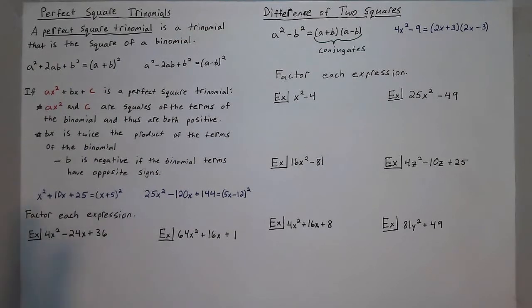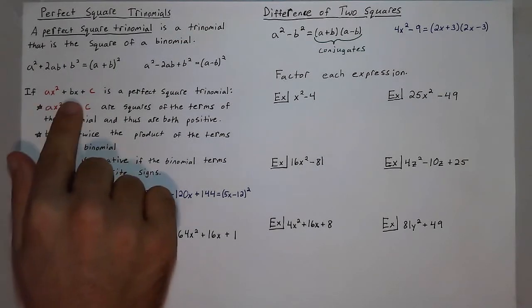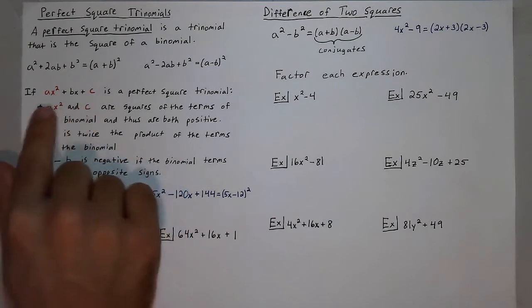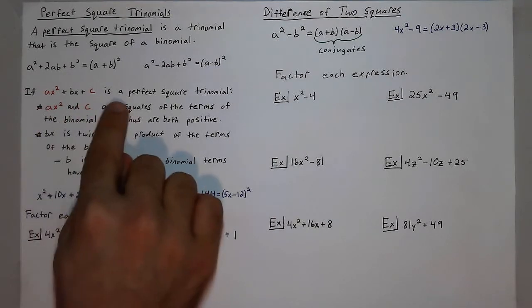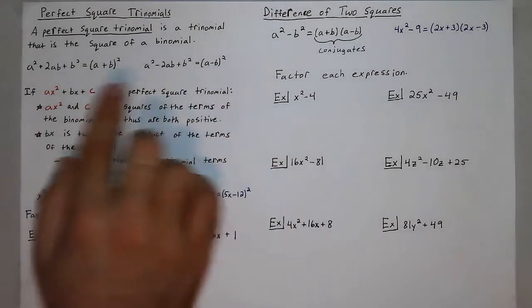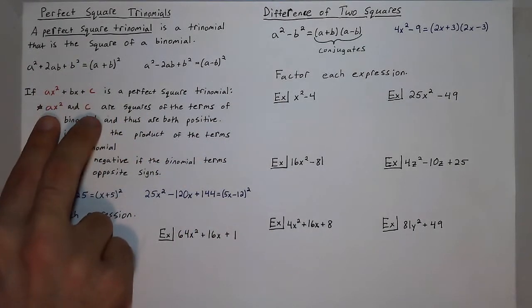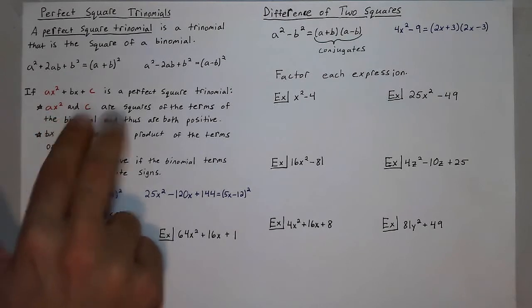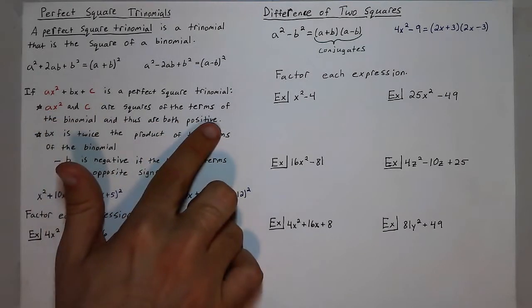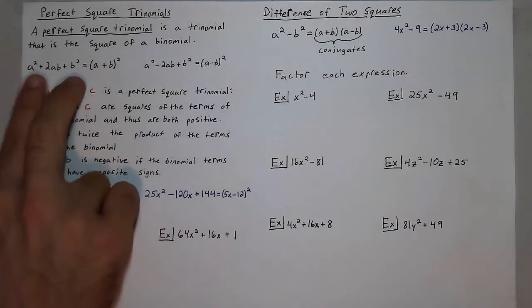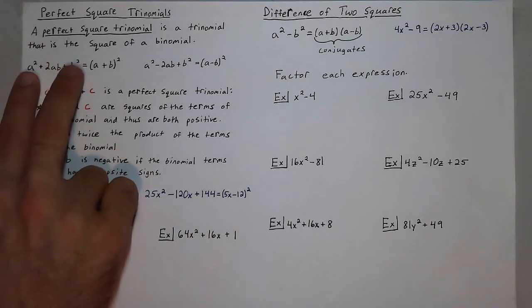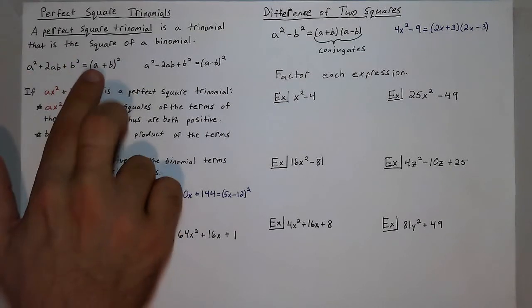So if ax squared plus bx plus c, a general quadratic expression, is a perfect square trinomial, first and foremost, the outer terms, ax squared and c, have to be squares of the terms of the binomial. You'll see up here in this definition we have a squared and b squared, which are squares of a and b.